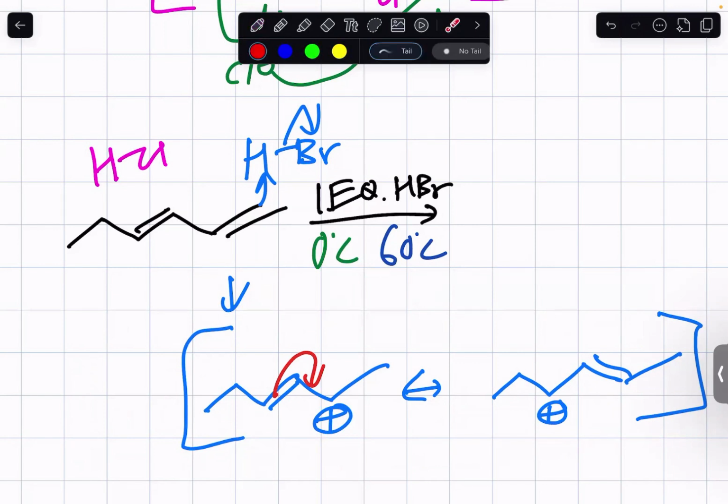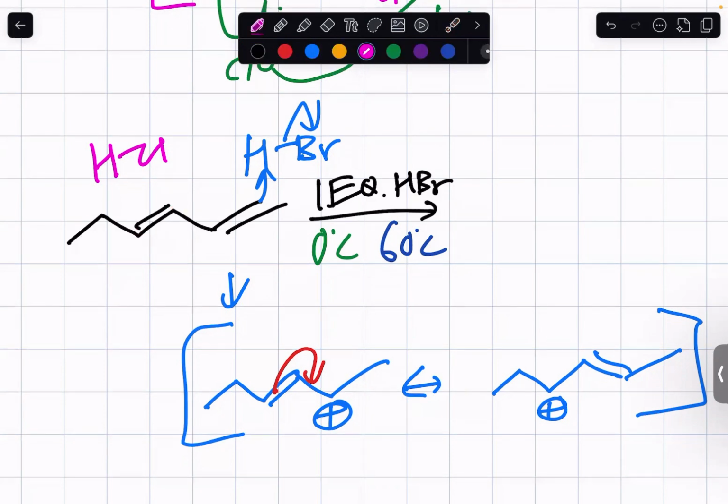Now, both of these carbocations are equally substituted, but which one is more stable, A or B? Which carbocation do we want? Carbocation at A or carbocation at B? B, right, because it is at the allylic position.